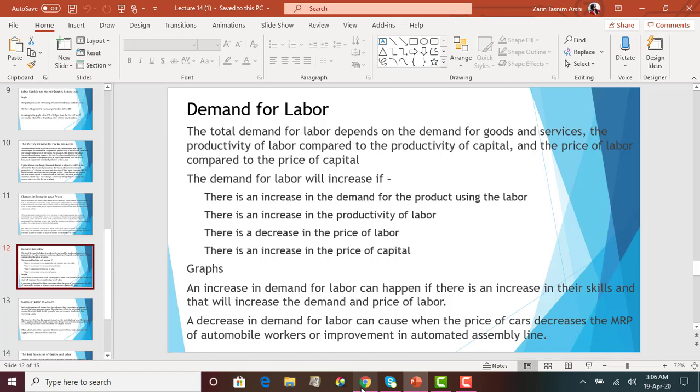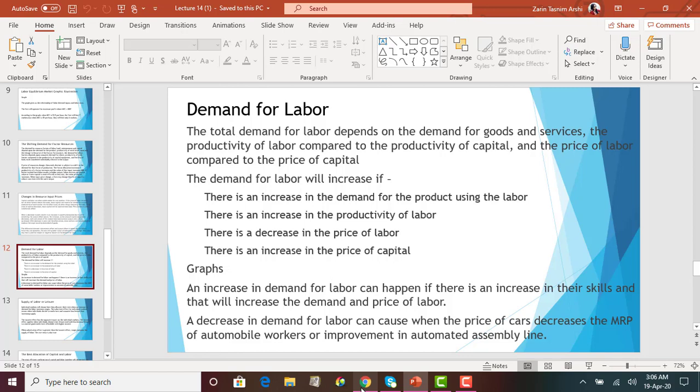Now the demand for labor will increase if there is an increase in demand for the product using the labor. So if there is an increase in demand for wheat, we will demand more wheat farmers. If there is an increase in the productivity of labor, if farmers can now produce more tons of wheat in an hour, then their productivity has gone up, and then the demand will also go up.